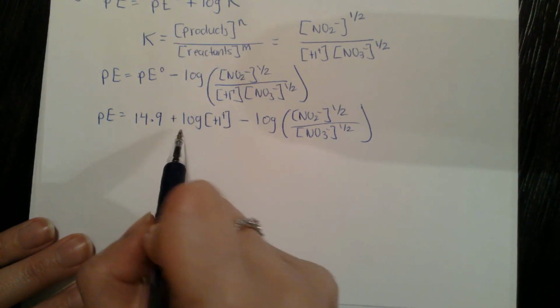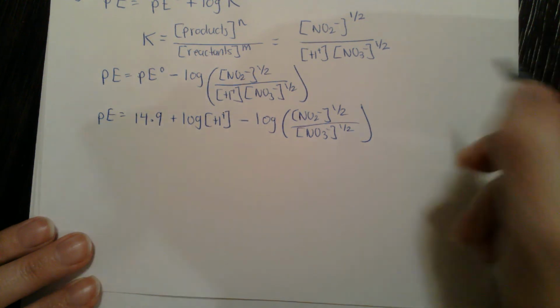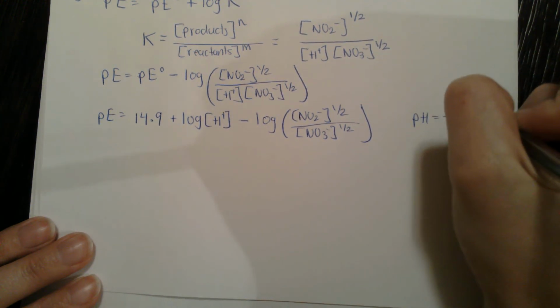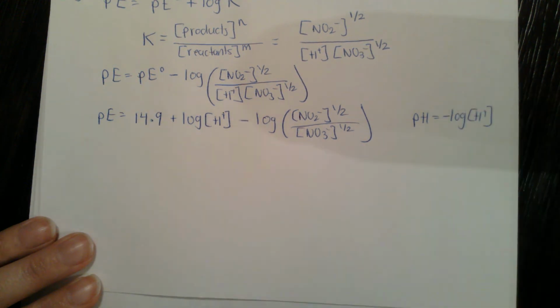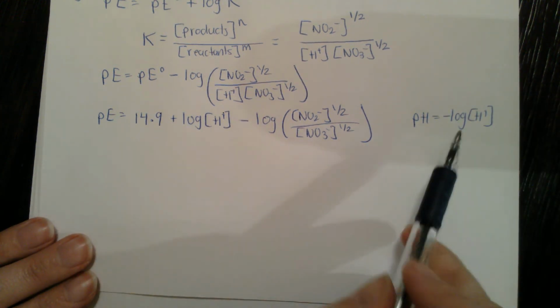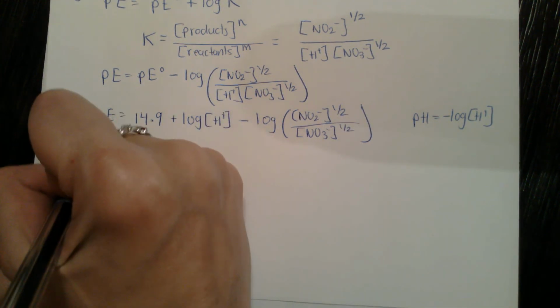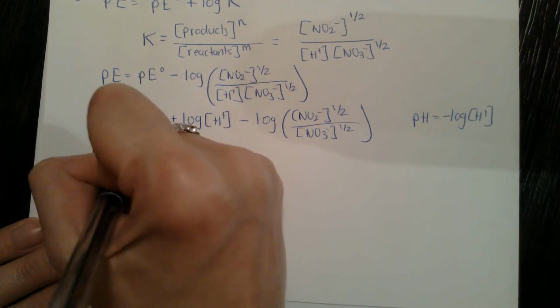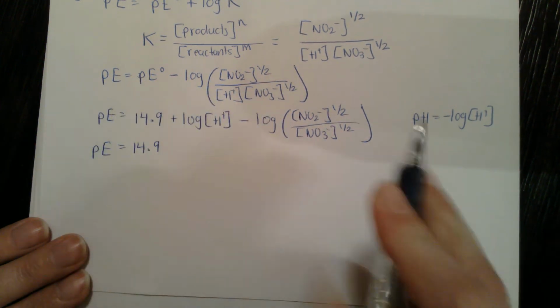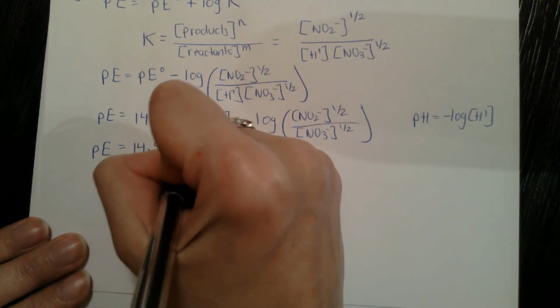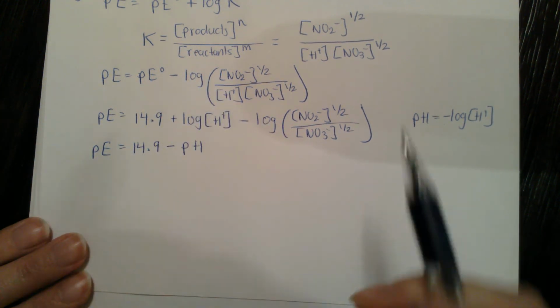And so pH, if you recall, here we'll kind of go sidebar. pH is the negative log of H plus. Okay, so the only difference between this and this is the minus sign, so we can use that. So we get PE equals 14.9, minus the pH.